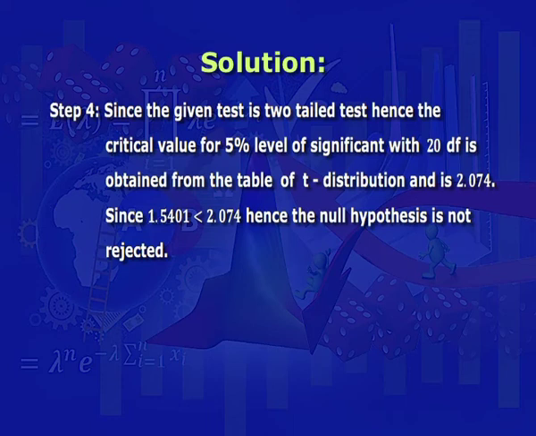Since the given test is two-tailed test, hence the critical value for 5% level of significance with 20 degrees of freedom is obtained from the table of t distribution and is 2.074. Since 1.5401 is less than 2.074, hence the null hypothesis is not rejected.